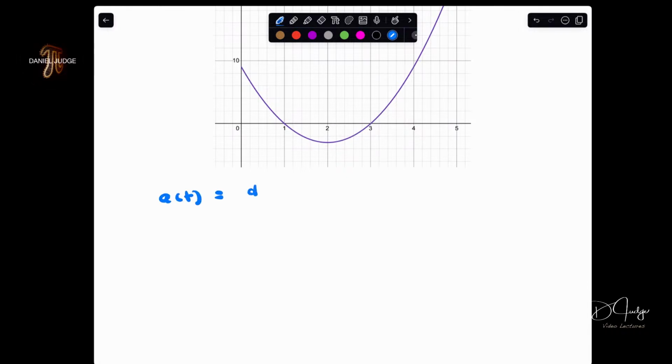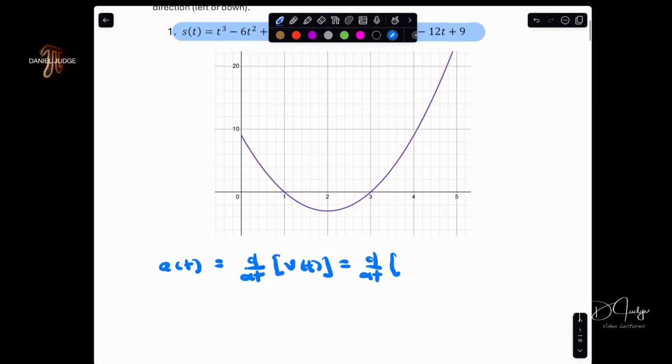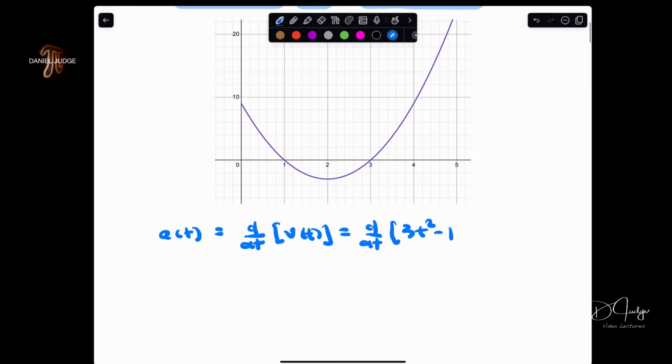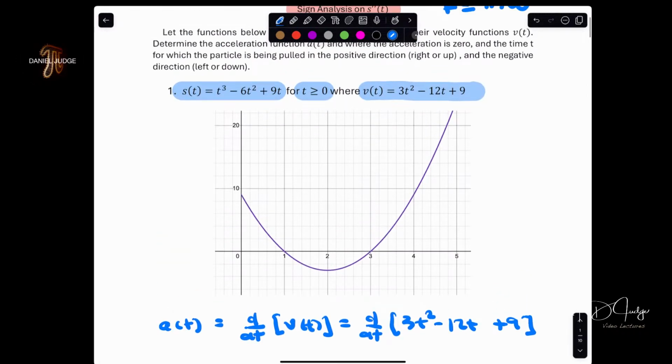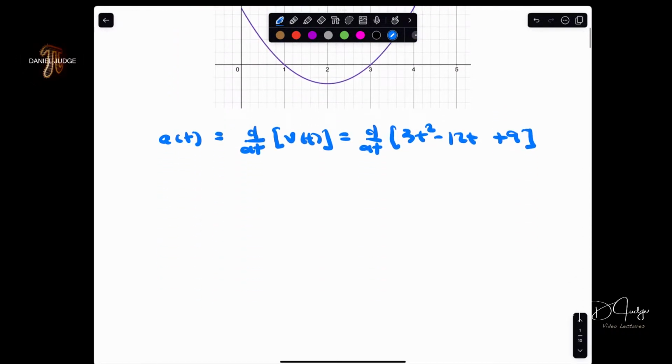Acceleration is the derivative of the velocity function. By properties of derivatives, here's what we got.